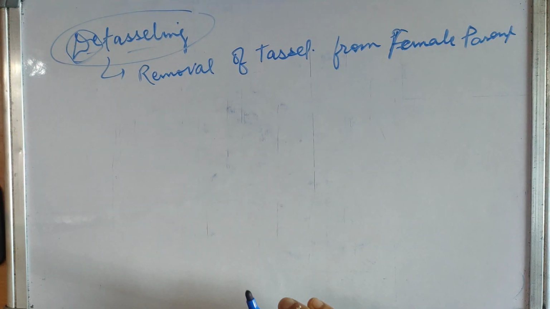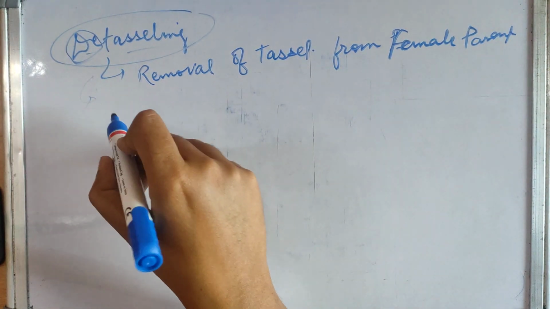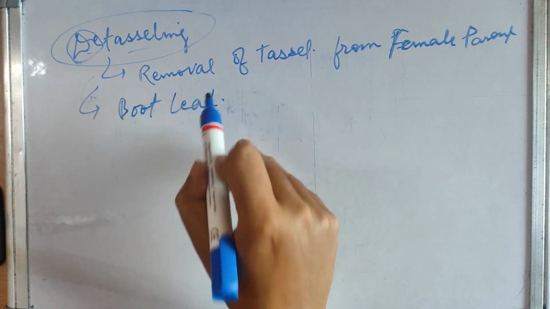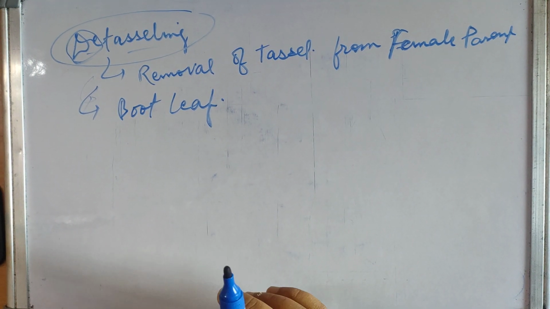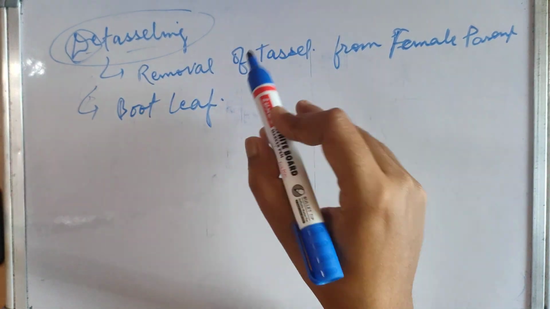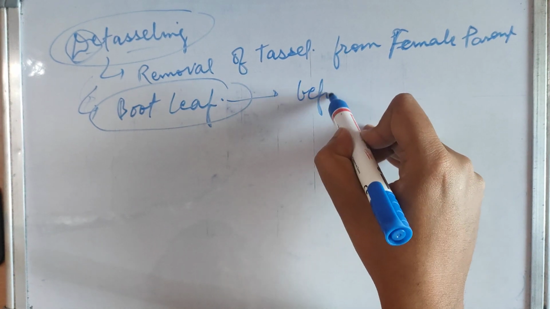It is done when the tassel emerges out of the boot leaf. When the tassel emerges out of the boot leaf, we need to detassel it, but before anthesis and shedding of pollen.